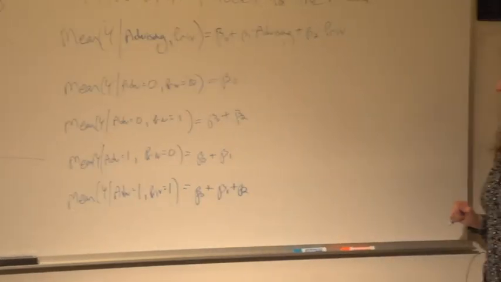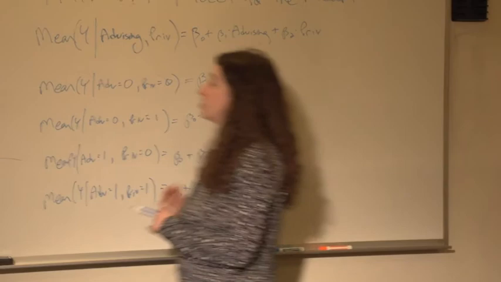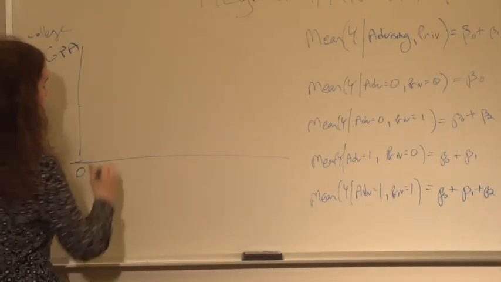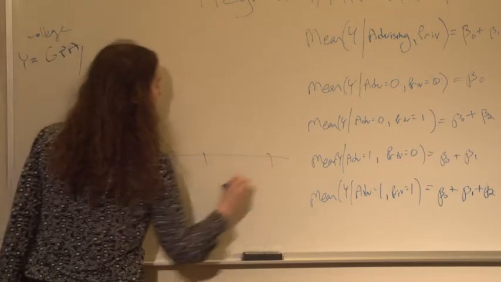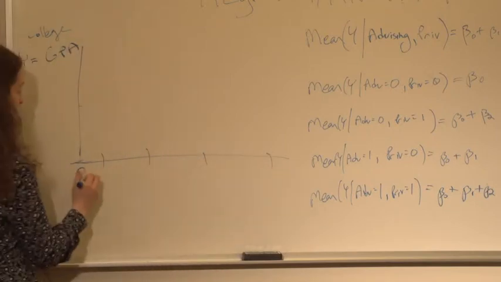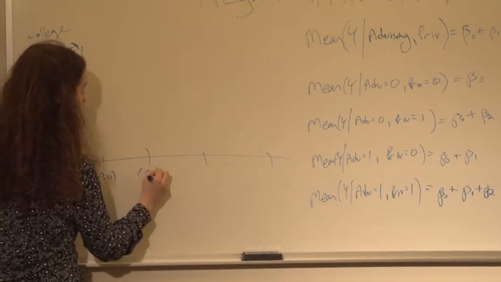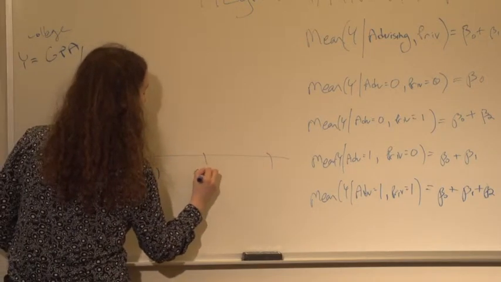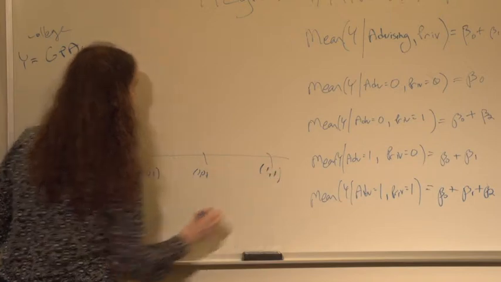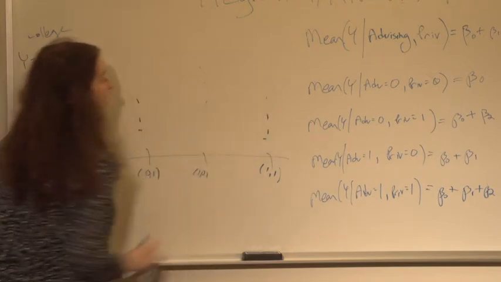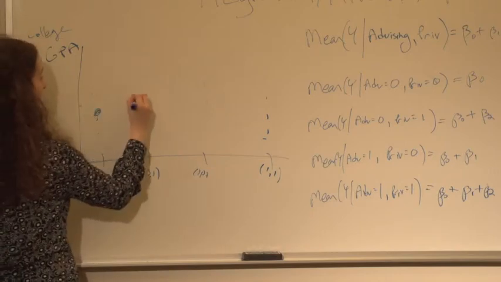Okay? Really, by having these two dummy variables, these two indicator variables, these two 0, 1 variables, my data is being divided into 4 groups. I have the 0, 0 group, the 0, 1 group, the 1, 0 group, and the 1, 1 group, and perhaps there are some data points in each of these, and they each have a mean that I could calculate.